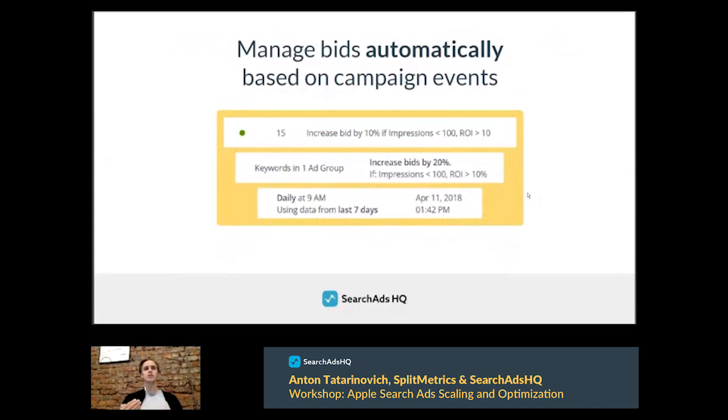When conditions are met, the system will automatically start increasing your bids, in our case by 20%, until the desired number of impressions is reached. This saves you an enormous amount of time, probably some amount of money, just a lot of resources which you'd otherwise spend on making those changes manually in a number of spreadsheets, tools, etc. That's just a pain. So yeah, in such cases, automatic rules help a lot.